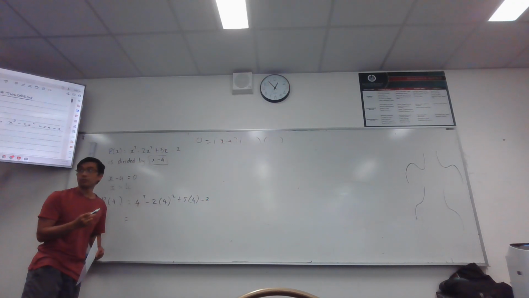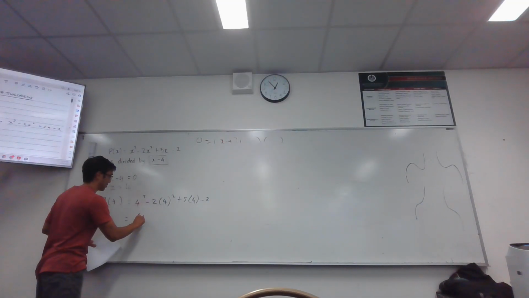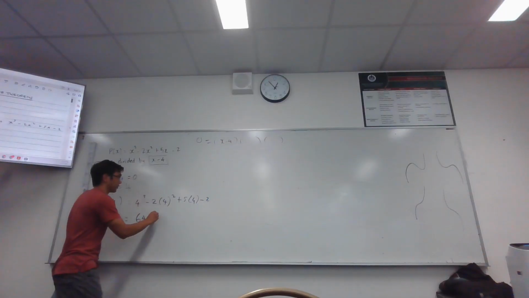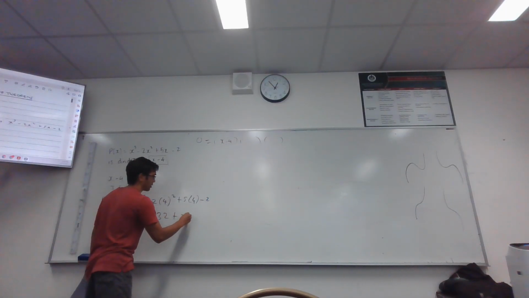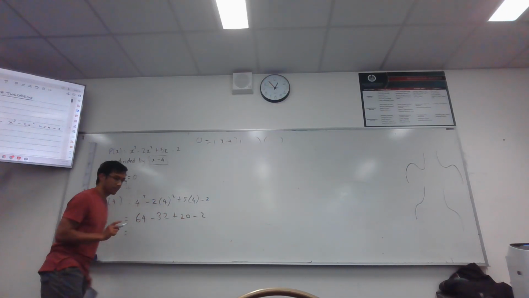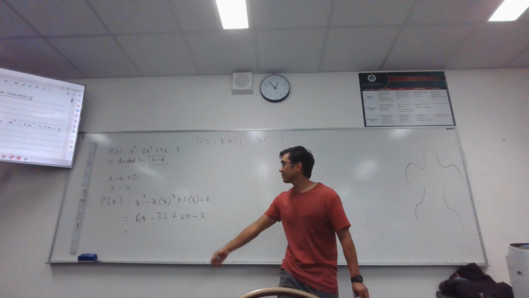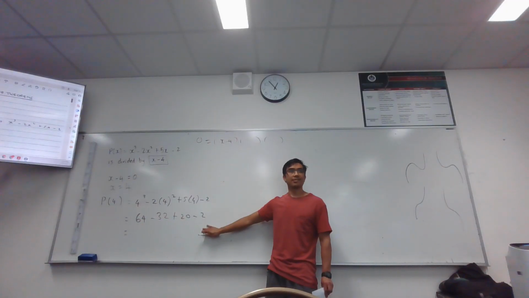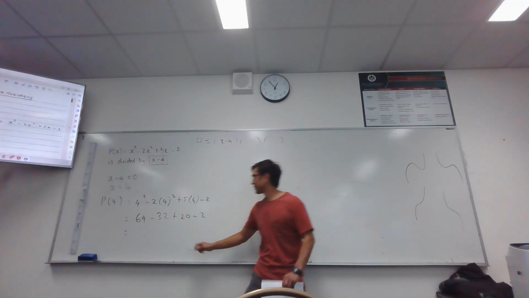Does someone know their cubes? Pretty cool. 64. 4 squared times a 2. It's negative 32. Plus 20 minus 2. What's our answer? Is it? 50.